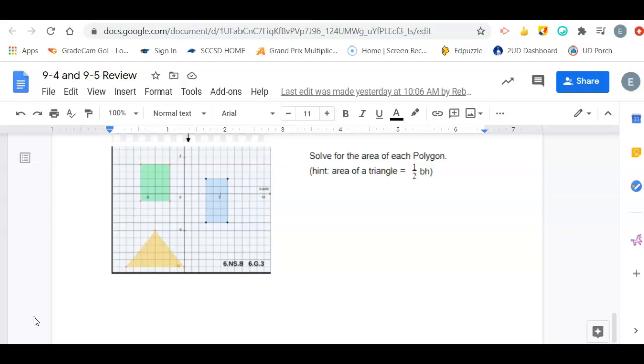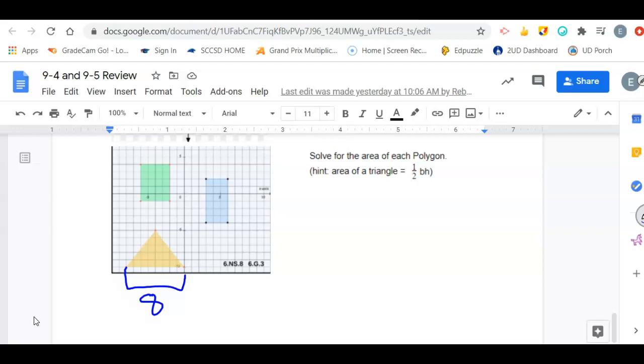Okay, 1/2 base times height. What is the value of each line? Jack? 1. It's 1, right? So we can find the base. The base of the triangle is right here. How many units is that base? Sam? 8. Okay, now height, this is something we're going to talk about later on in the year, but a height has to create a right angle. So does anyone know where you find the height in the triangle?